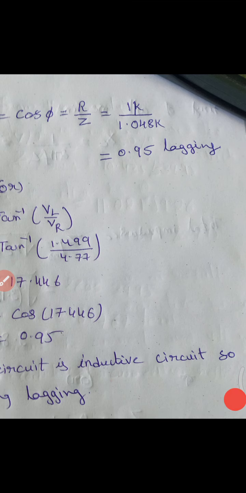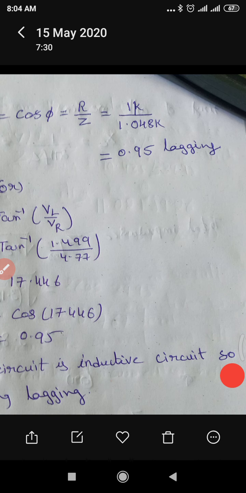There is no problem if they give XL and XC values directly, but if they give L and C values, we have to find the XL and XC values by substituting the formulas. How can we find these? XL is equal to 2 pi FL and XC is equal to 1 by 2 pi FC.